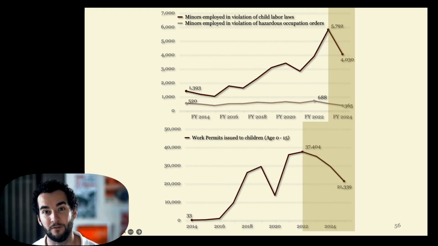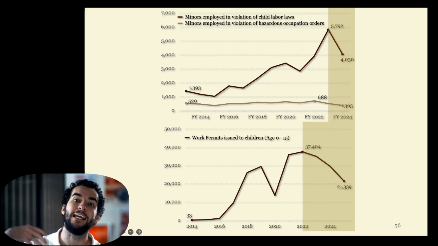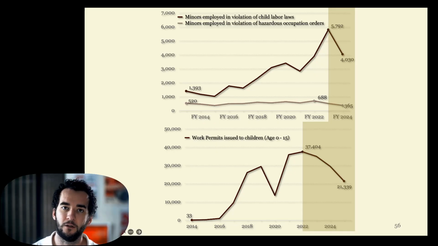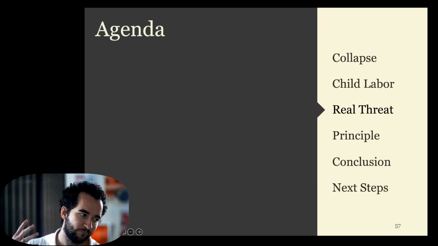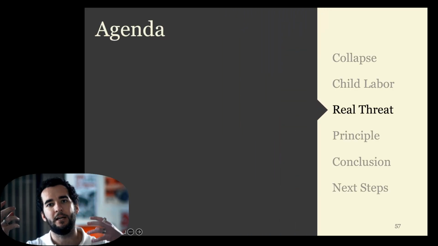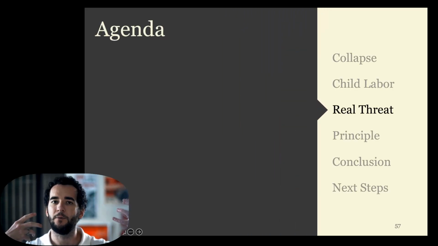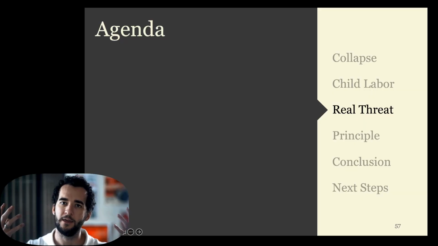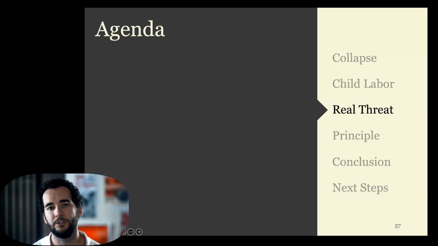Specifically, it's referencing the deregulation of child labor and the increased legality of employing younger and younger children. So we have population collapse on one side and an increase in child labor usage on the other. At a time when children are a smaller percentage of the population than they've ever been before, they're being used for labor at increasing rates.